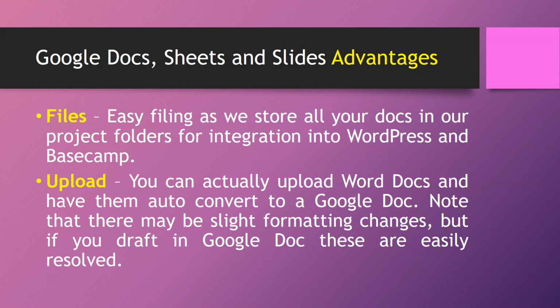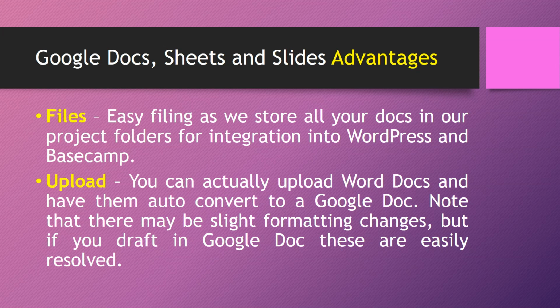The next one is upload. You can actually upload Word docs and have them auto-convert to a Google Doc. If you have a Word document, you can easily convert it into a Google Doc. All you need to do is to upload it and it converts to a Google Doc.